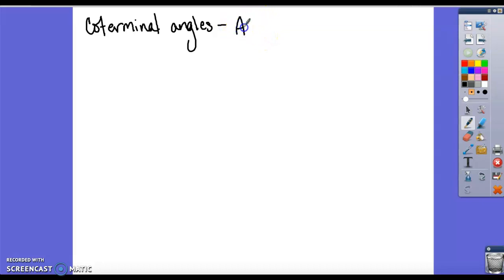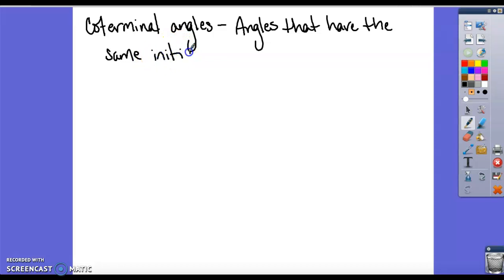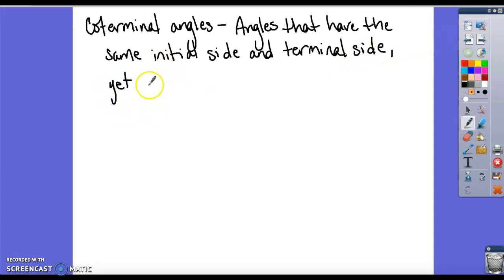Coterminal angles are angles that have the same initial side and terminal side, yet different measures. So they're angles that look exactly the same, they just have different measures.